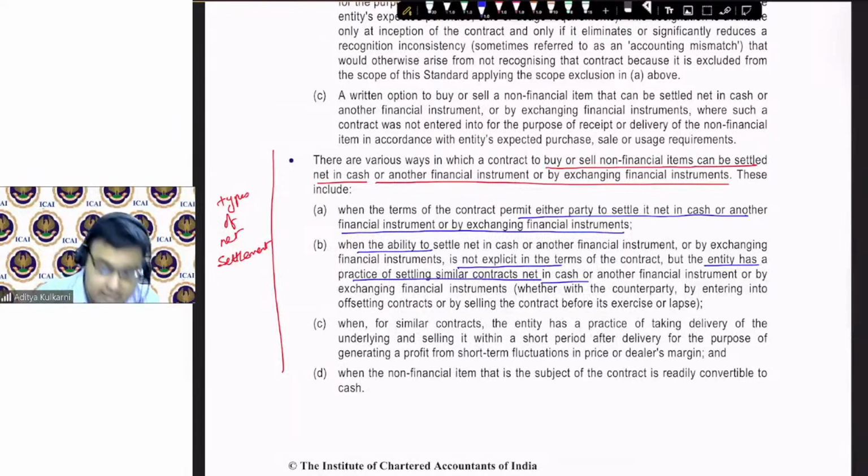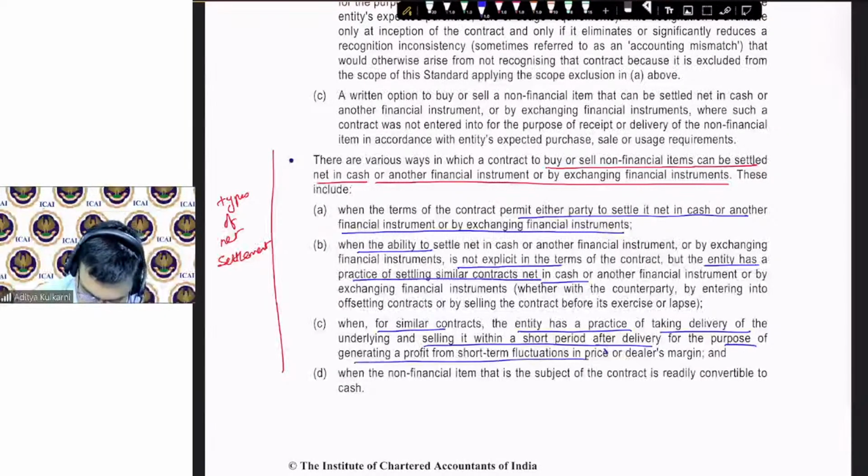And the third case is for similar contracts, the entity has a practice of taking delivery and selling it within a short period after delivery for the purpose of generating a profit from short-term fluctuations in price.